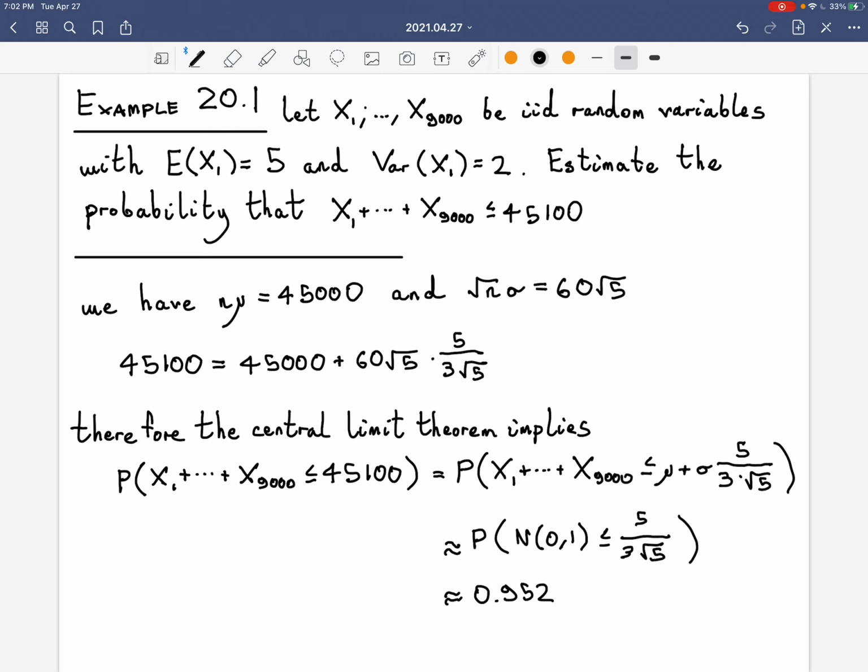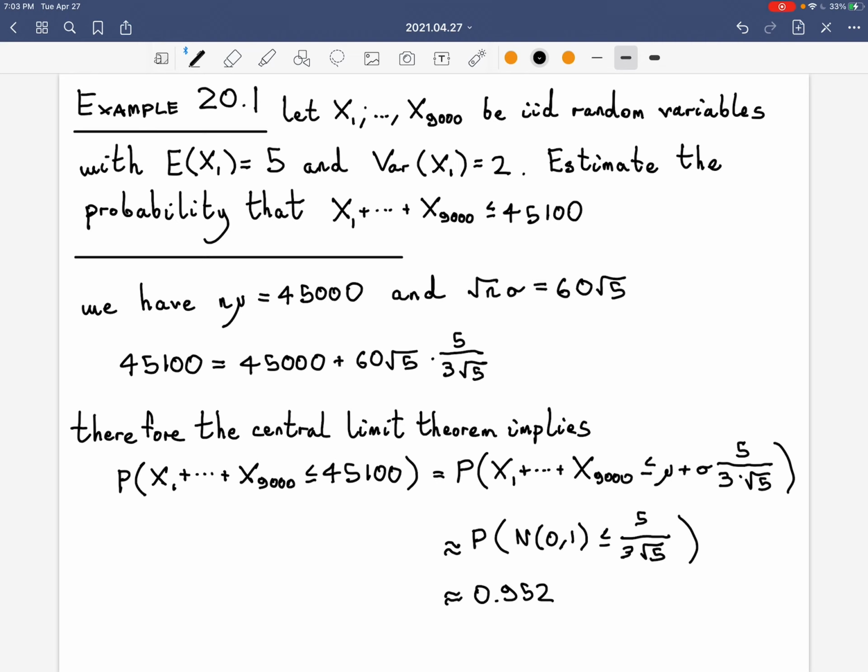So we have this idea of n mu, which is the long-term expectation, and that's just 9,000 times 5, which gives us 45,000. And then we need to have the square root of 9,000 times the square root of 2, which comes out to 60 root 5.